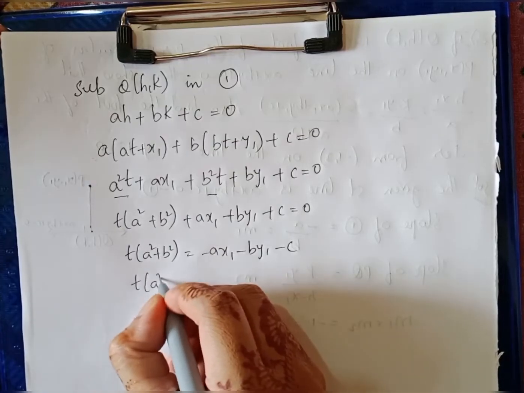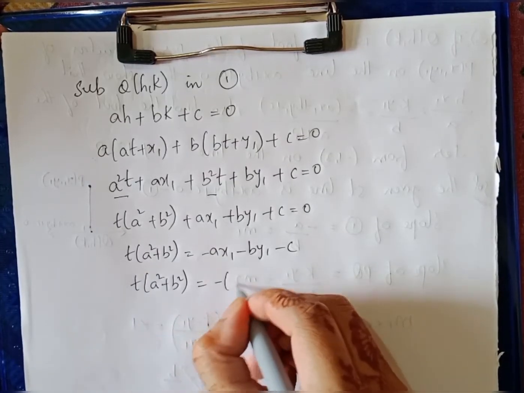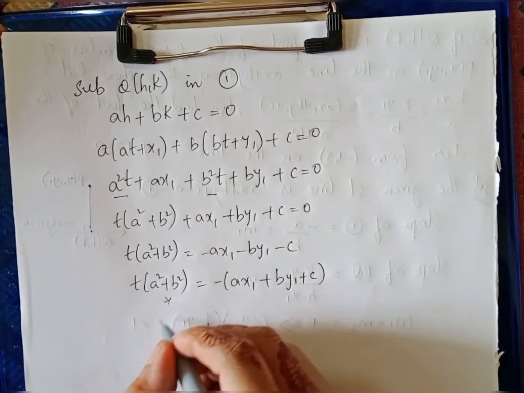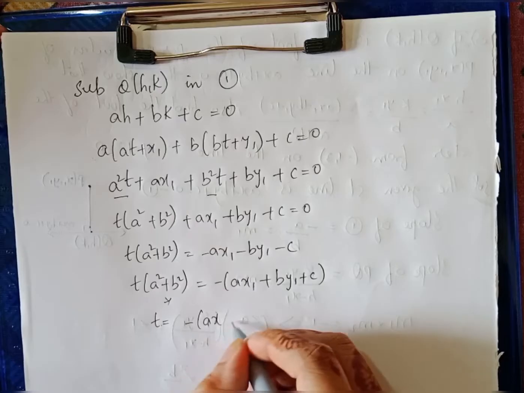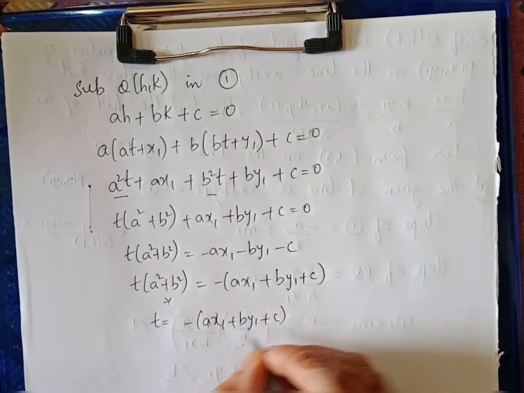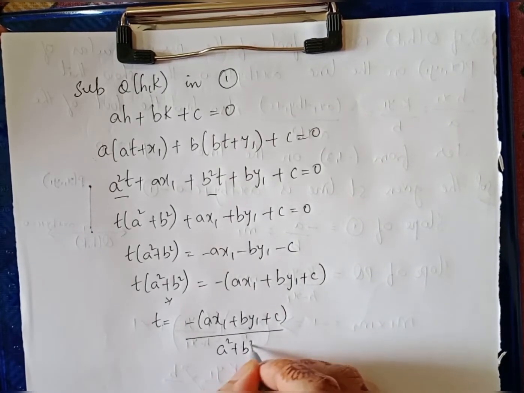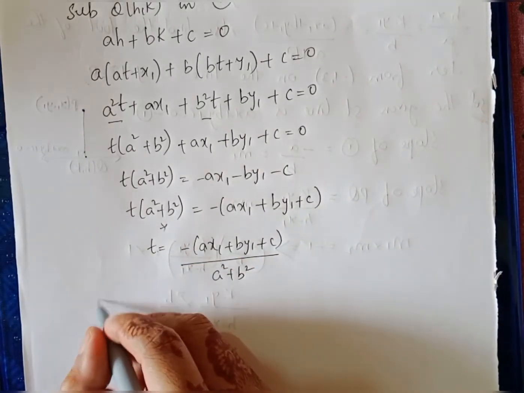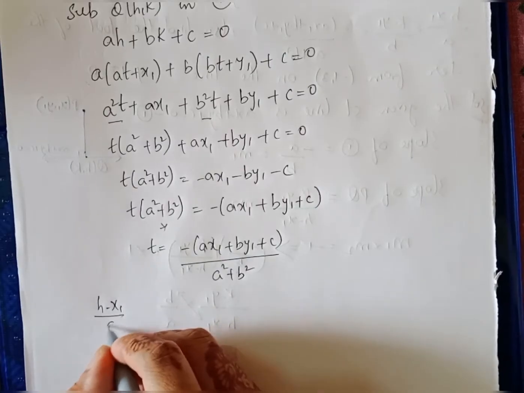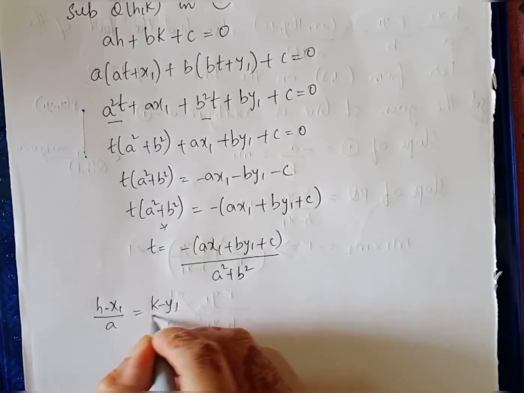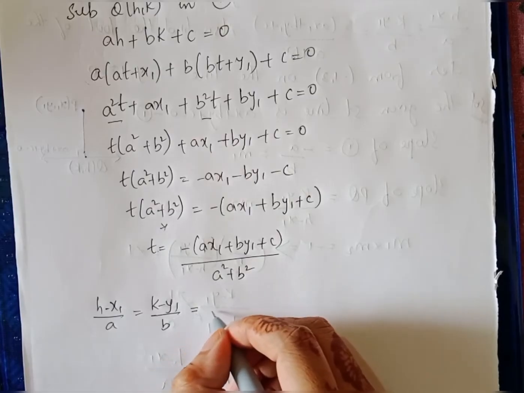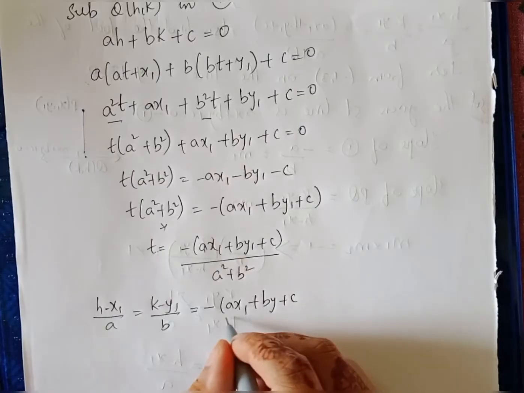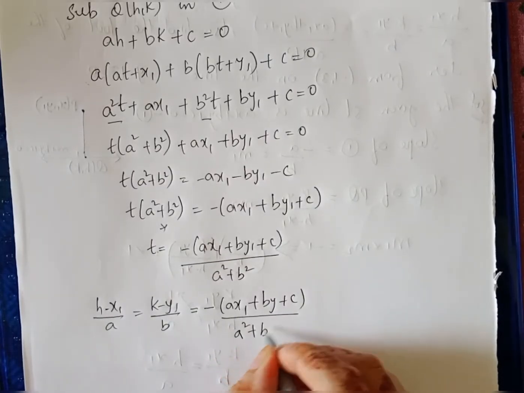Now taking minus common, it is -(ax1 + by1 + c), and shifting this term here, it is in the denominator: t = -(ax1 + by1 + c)/(a² + b²). So substituting t in that equation, (h - x1)/a = (k - y1)/b = t, it is -(ax1 + by1 + c)/(a² + b²).